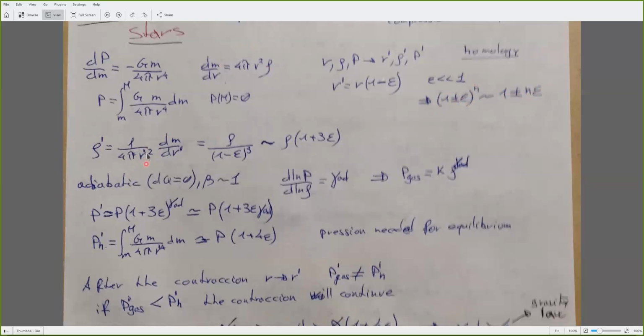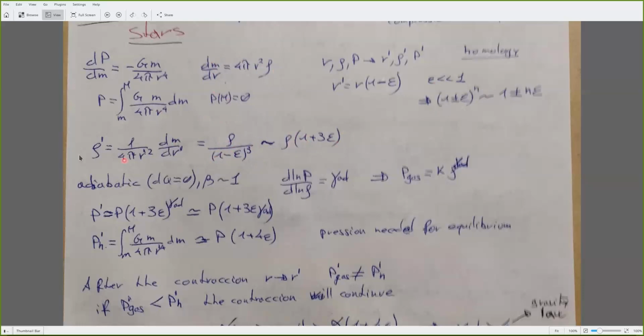If you change R with this value, we obtain the initial density divided by 1 minus epsilon, everything to the third power, more or less using the approximation.